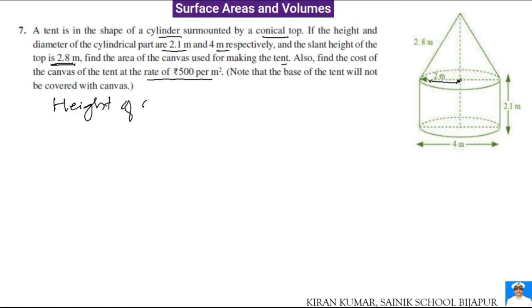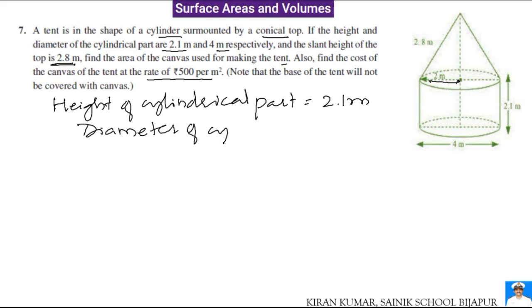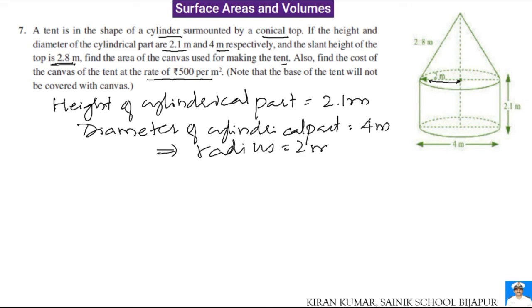Height of the cylindrical part is 2.1 meter. Diameter of the cylindrical part is given as 4 meter. This implies the radius is 2 meter.